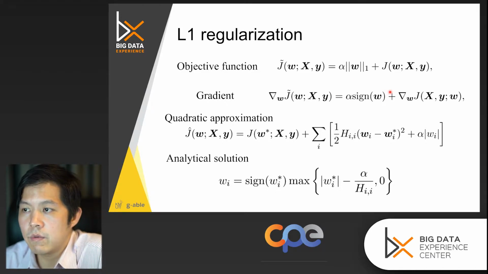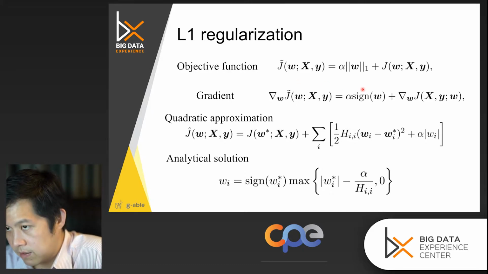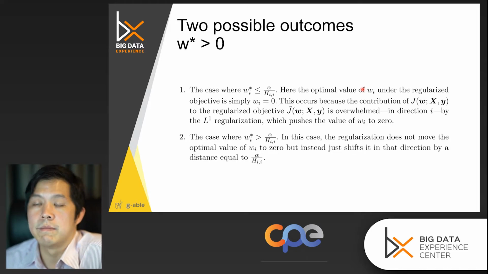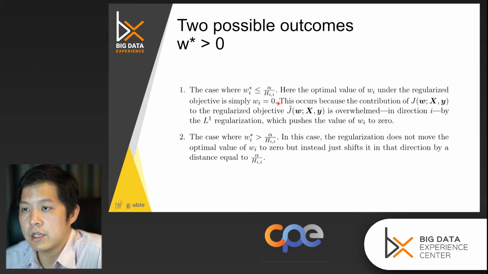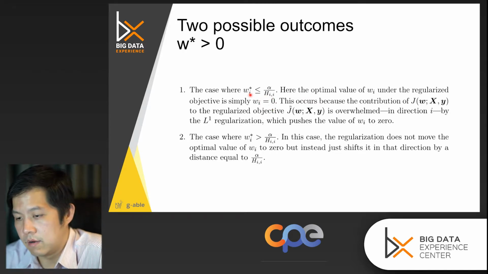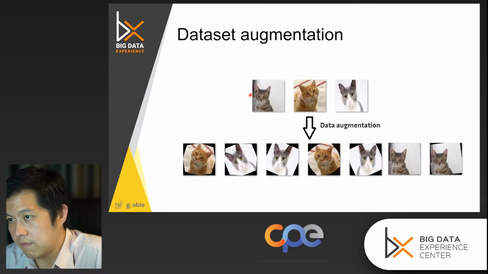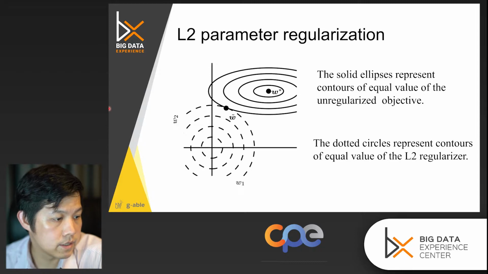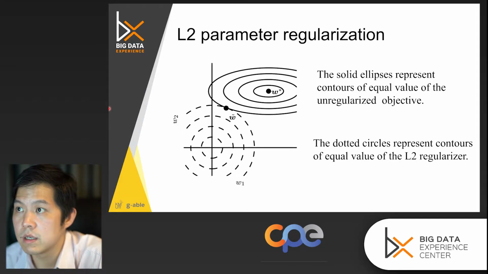I think the better way to understand this is to just look at the objective function here. In the objective function, there are two possible outcomes. The outcome that it touches on one axis. Look at this one. I think I have the picture here. No? Let me share another one. That would be better understood.